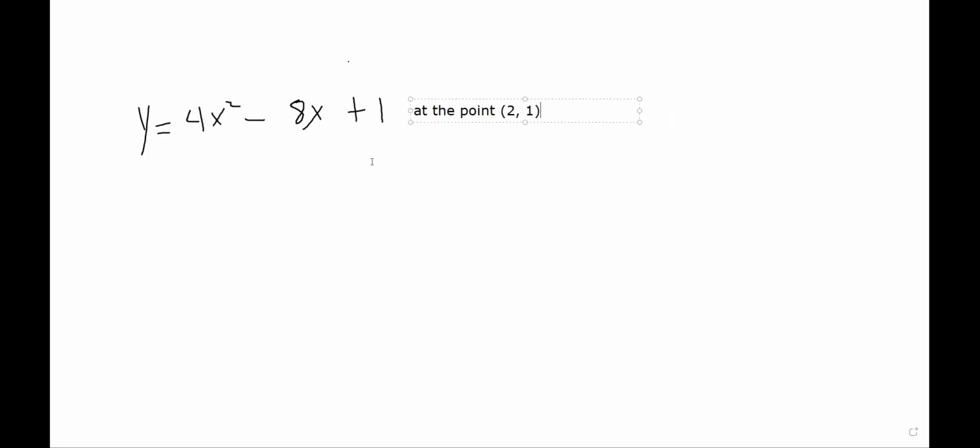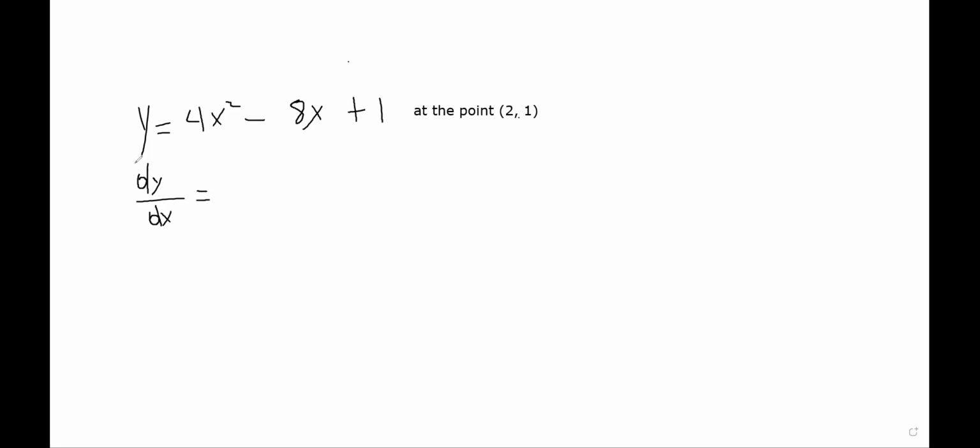All right, so we need to find the differentiation of this. We have our y and we have our x. So the differential of this is going to be equal to dy over dx, same thing as differential.